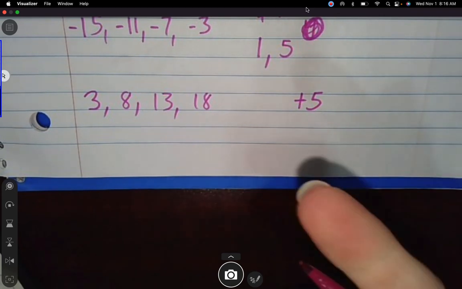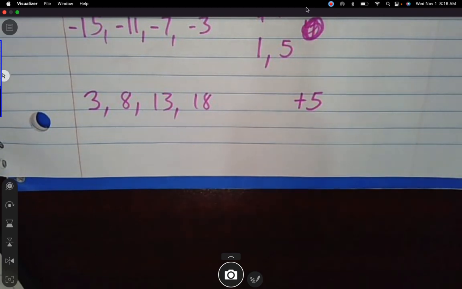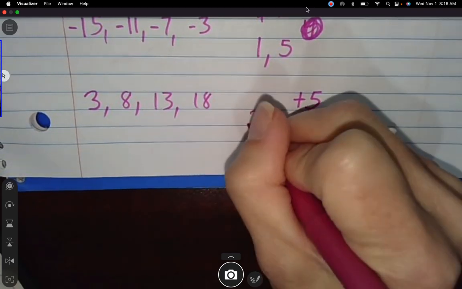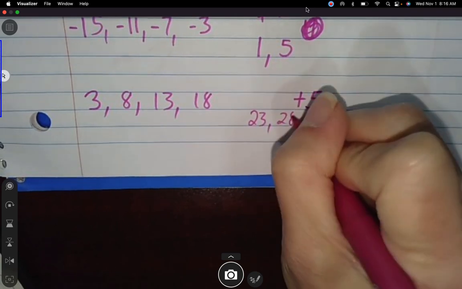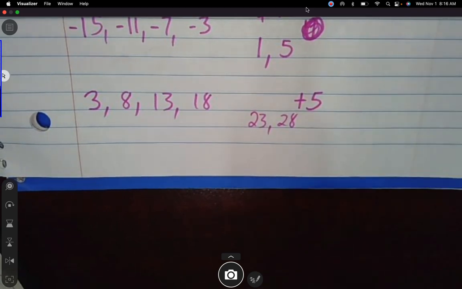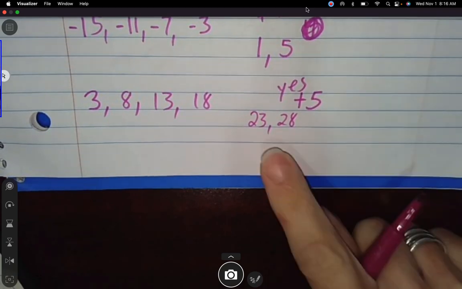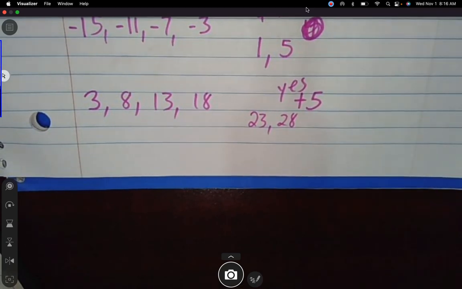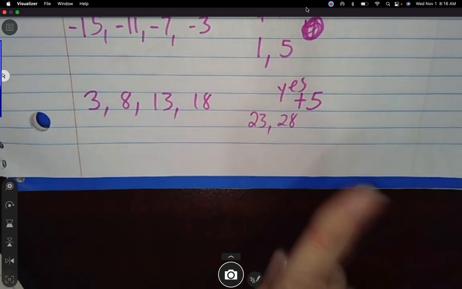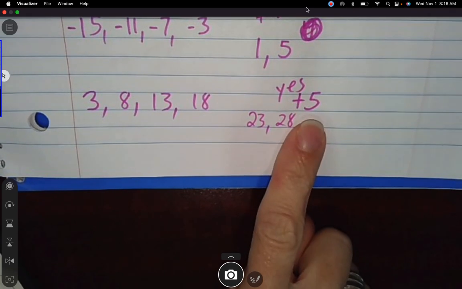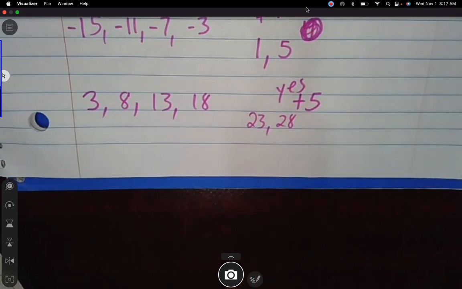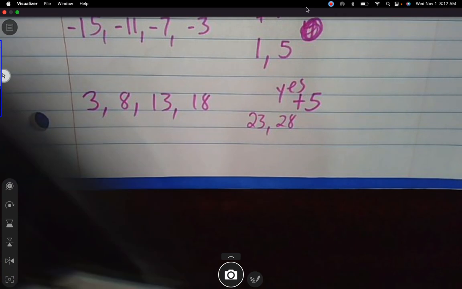I would just add 5, and what do we get? 23 and 28. There we go. And I would say yes, it's arithmetic, and there's my next two terms. It said find the common difference. The common difference is 5. We were adding 5. Okay.